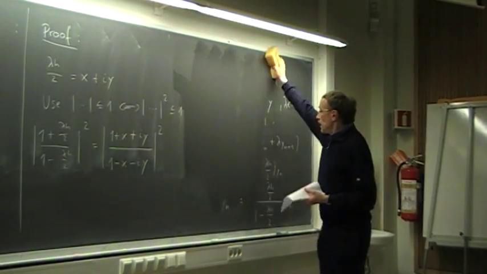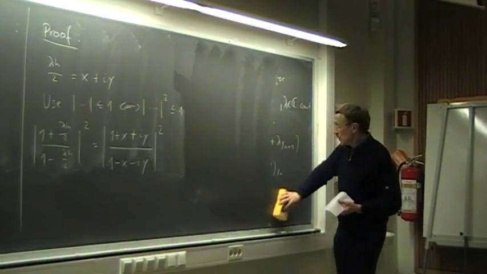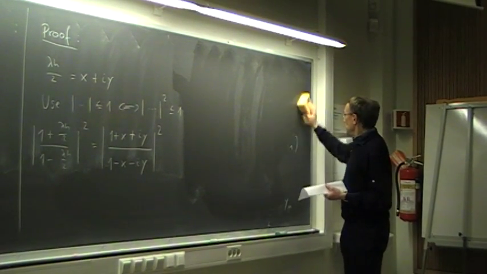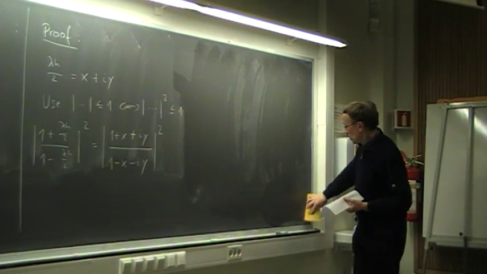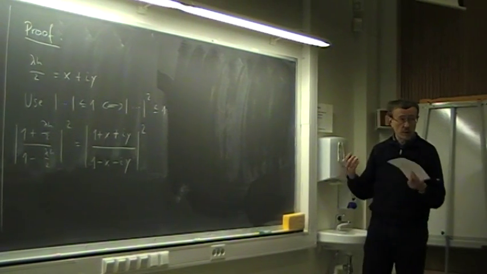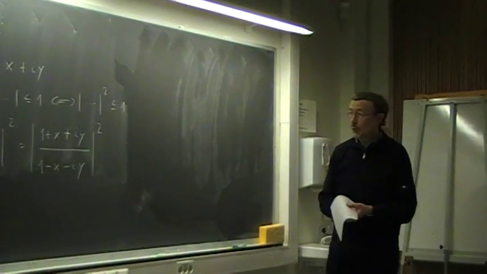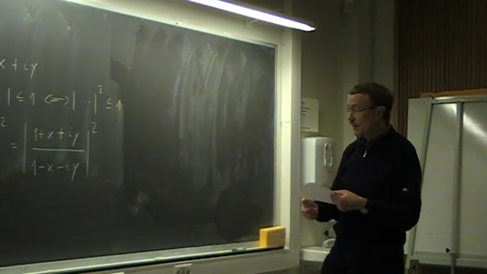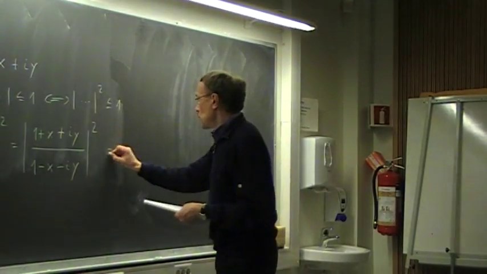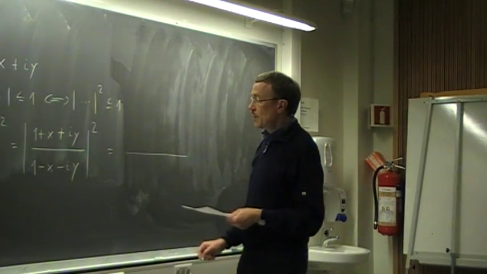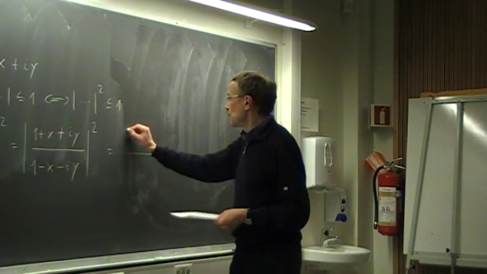And now we simply have to know about complex numbers. What's the absolute value of a complex number? That is the real part squared plus imaginary part squared. We can do that both in the numerator and the denominator. So then we get, what is the real part? 1 plus x.